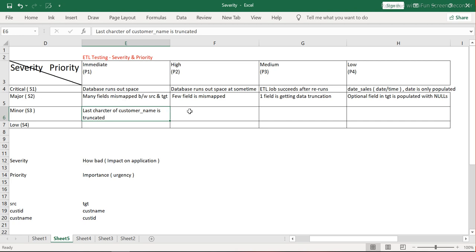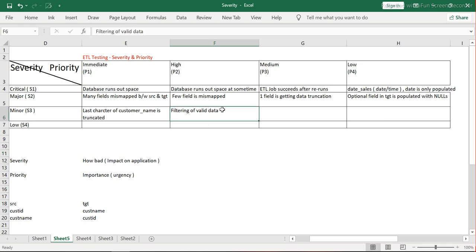Now we will look at minor severity and high priority. That kind of issue is minor, it is impacting a bit, but the priority is high, and we need to fix it. Something like filtering of valid data.